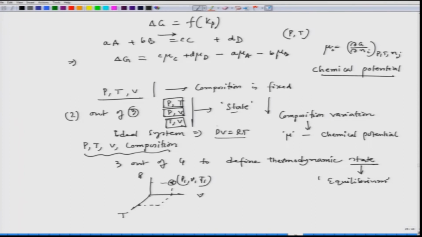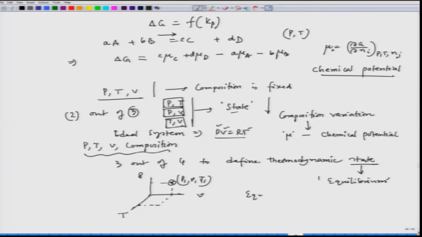So, if we fix P and V, T is automatically fixed because this relation has to be maintained. So, my state is fixed. In the other case, 3 out of 4 we have to fix, and the last one is automatically fixed by the equation of state. So, what is that equation of state? We have to find out.